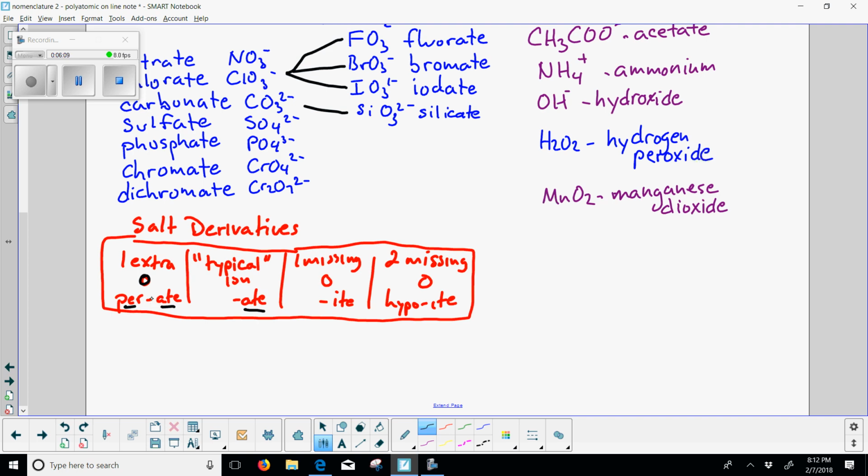So you have to insert the name of the polyatomic in between. If you're missing an oxygen, you're going to have the ite ending. If you're missing 2 oxygens, then you use the hypo-ite ending. So again, put this on your summary chart to help you remember how to do these derivatives. We call them salt derivatives because we use these endings when the polyatomic is associated with a metal. And that's it.